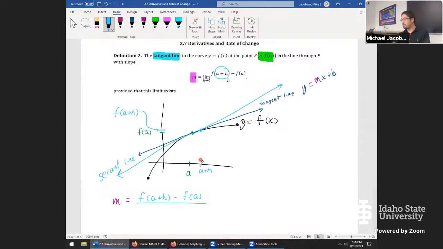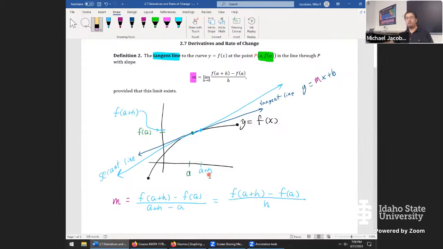We would take a plus h first, then minus a, but that would all simplify in the denominator. It becomes f at a plus h minus f of a, all divided by h. So that's the slope of the secant line.